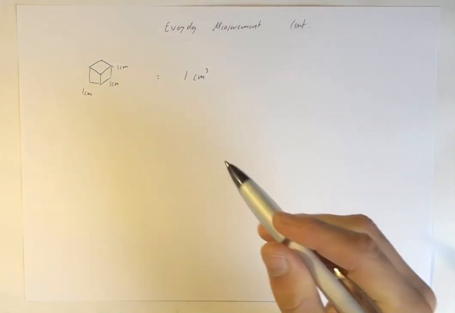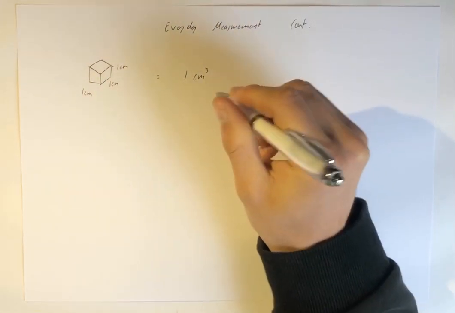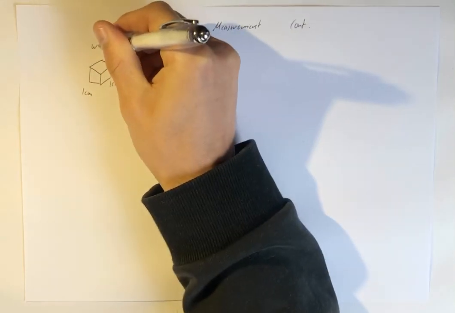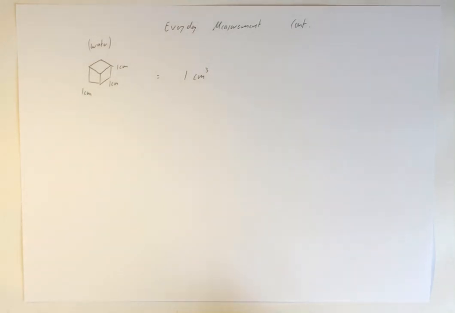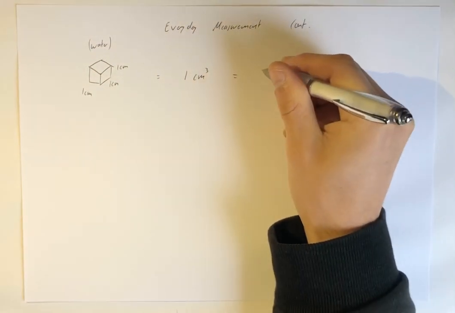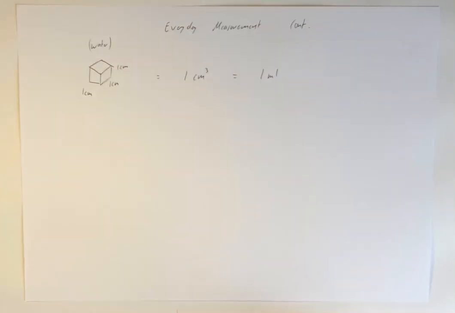It's a 1 by 1 by 1. Now the special thing about the metric system is that, let's say we're talking about water. It only really works for water because it has a certain density that the metric system is based on. Then we would say that that is 1 mil.